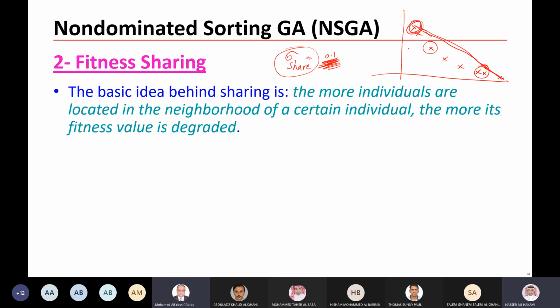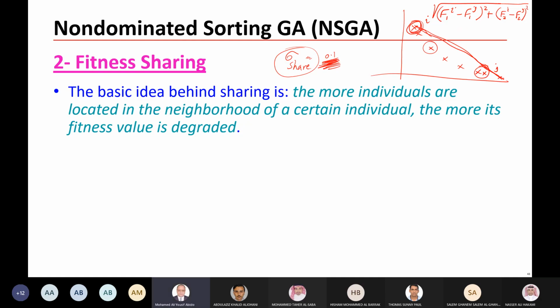Yes, sure. You have J1 and J2. Then what is the distance between these? If this is, for example, solution number i, and this is solution number j, then it is F1i minus F1j squared, plus F2i, the second objective for this solution, minus F2j squared.